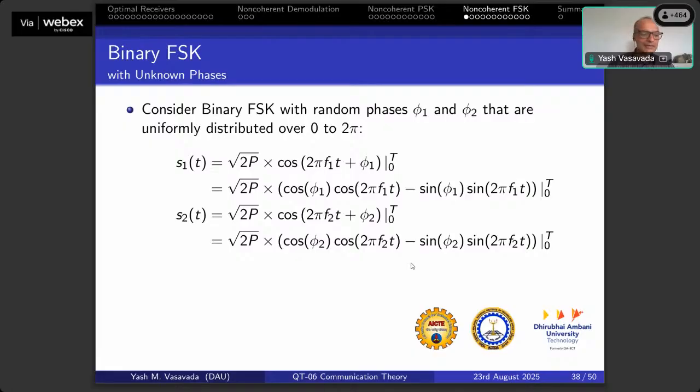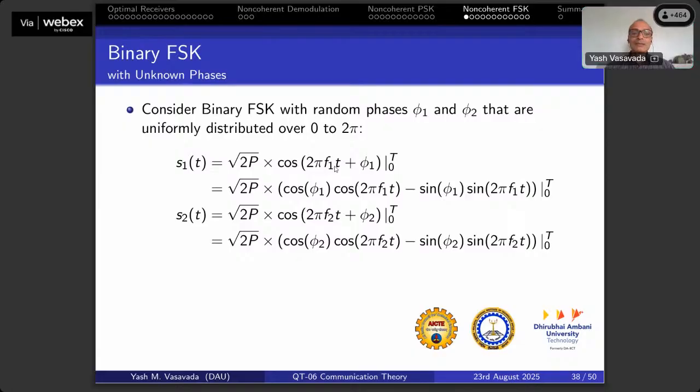You remember binary FSK that I had shown, I think, in the previous hour? There are 2 frequencies, F1 and F2, corresponding to whether you want to send bit 0 or bit 1. And coherent binary FSK, its demodulation happens exactly using the minimum distance detection rule.